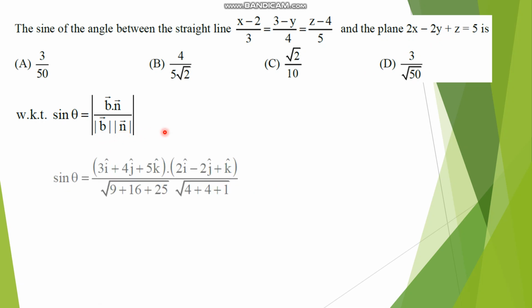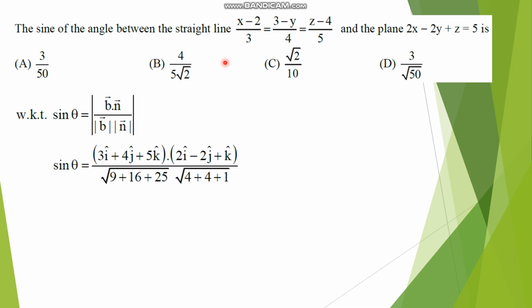So when you substitute the values, vector b is 3i cap plus 4j cap plus 5k cap, and vector n is obtained by replacing x by i cap, y by j cap and z by k cap. So that is 2i cap minus 2j cap plus k cap, divided by its magnitude, that is root of 9 plus 16 plus 25, and here root of 4 plus 4 plus 1.